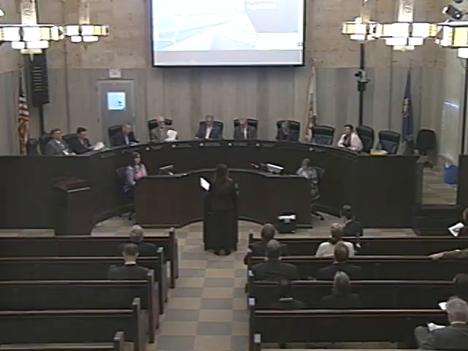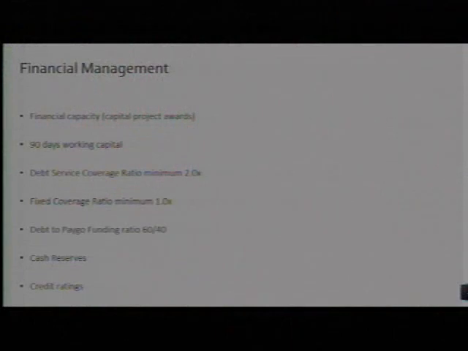Vanessa Aguilar, and we're here to give you an update on our financial plan and just to give you a brief recap on one of our core business initiatives, strong financial management. So we ensure that when we're awarding a capital project that we have the funding in place to award capital projects. We also make sure that we have at least 90 days working capital in our cash balances to provide for our operating expenses.